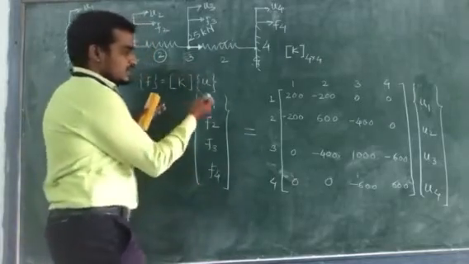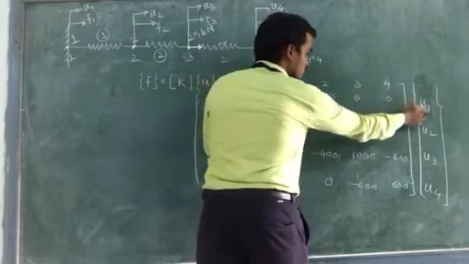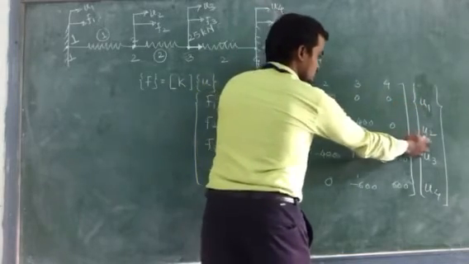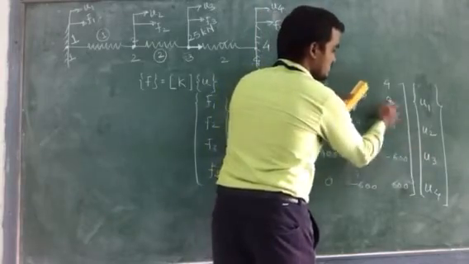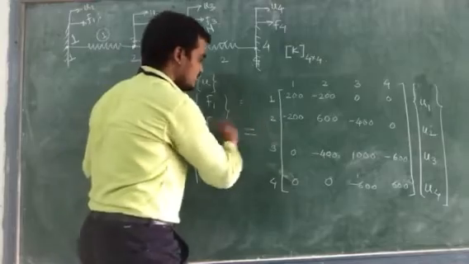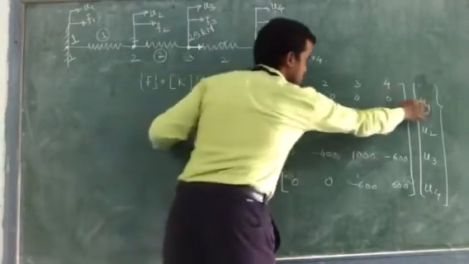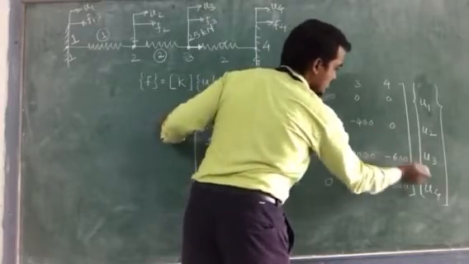See, F1 is equal to 200 times U1 minus 200 times U2, I am doing simple multiplication, plus 0 times U3 plus 0 times U4. Similarly, you will get F2 is equal to minus 200 times U1, plus 600 times U2, minus 400 times U3, plus 0 times U4.